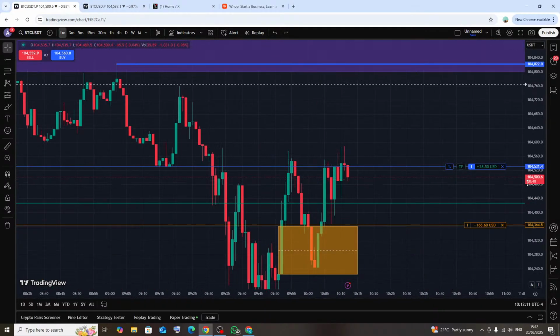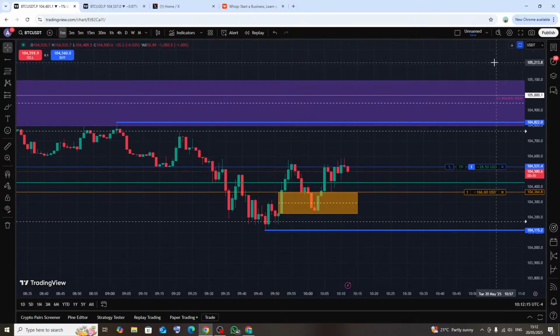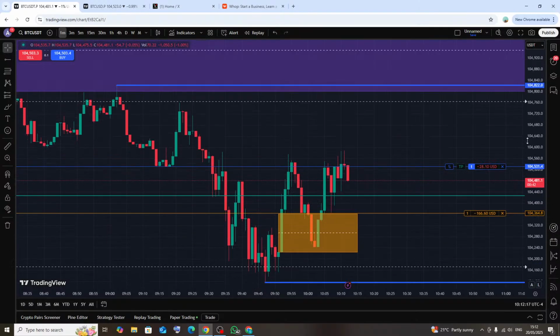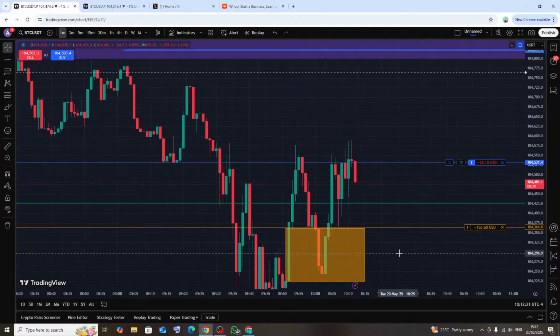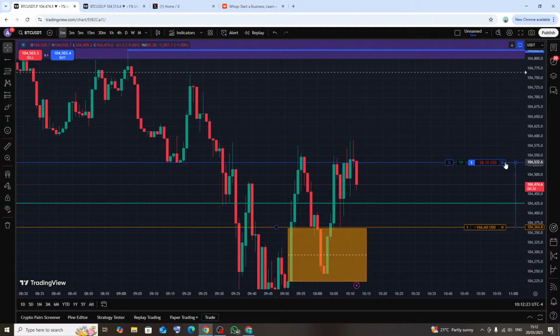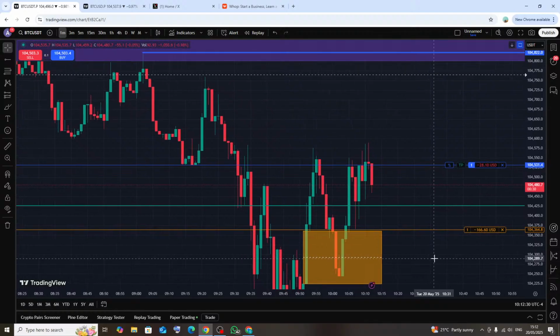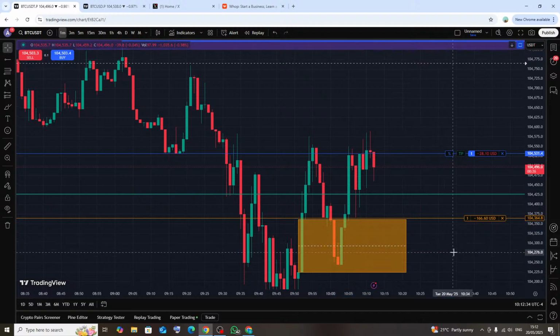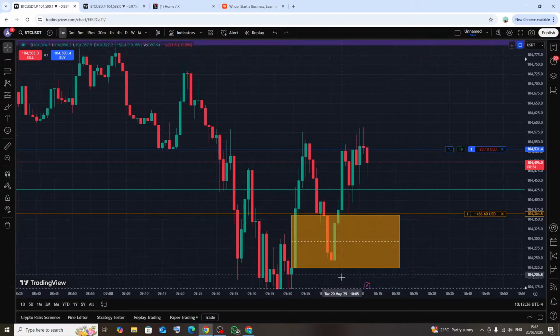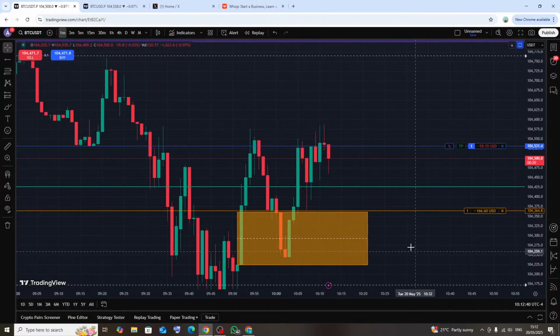We're trading at 104,500 and it could go all the way to 105,200 from here. But I'm not really confident. I'm closing this. I'm not confident on this trade. Let's see, I wanted to see if the market shows any intent to go below this low.